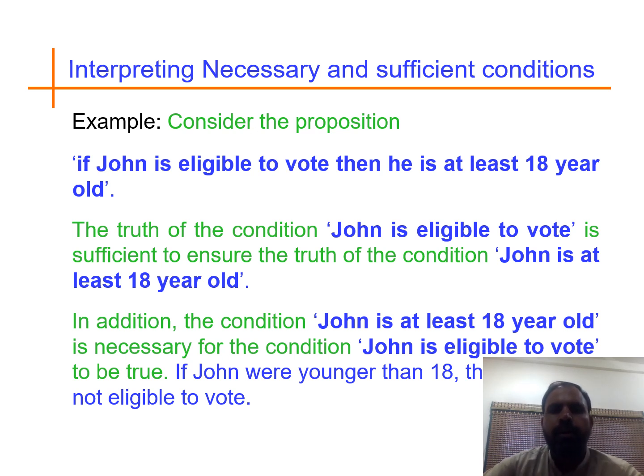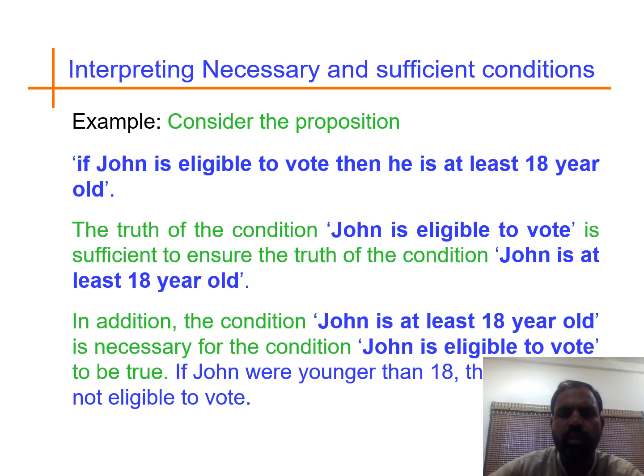So here the statement "John is eligible to vote" is sufficient to ensure that John is at least 18 years old, so we can easily conclude that John is at least 18 years.